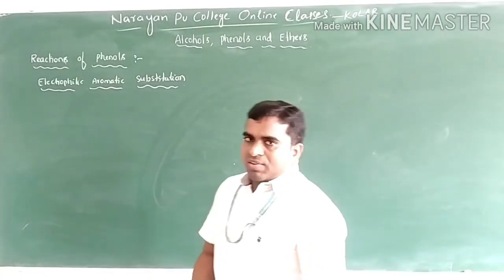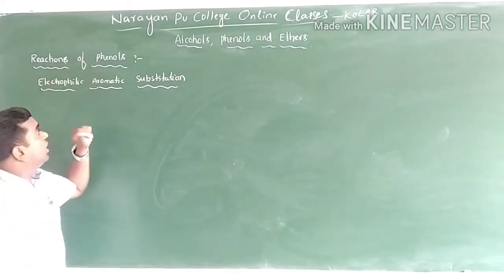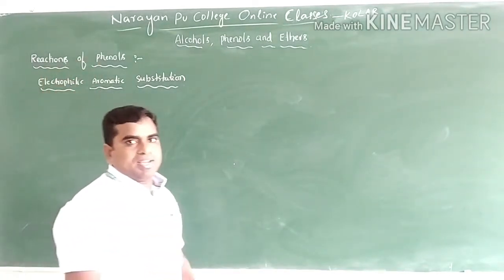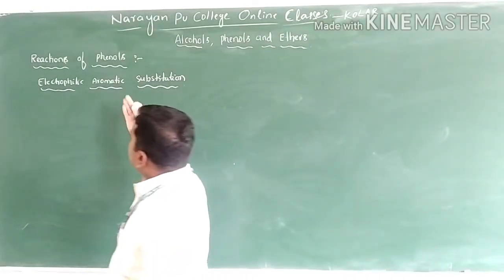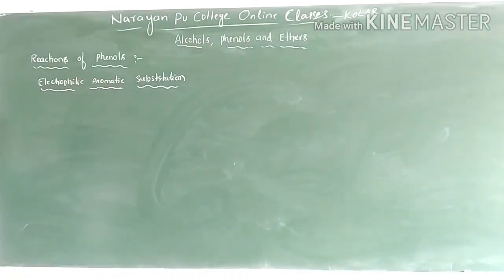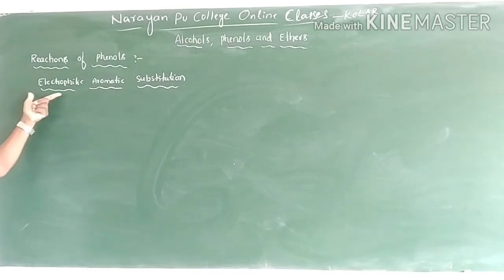So till now we have discussed the reactions of alcohols. Now the next concept is the reactions of phenols. Phenols mainly undergo electrophilic aromatic substitution. What does it mean?